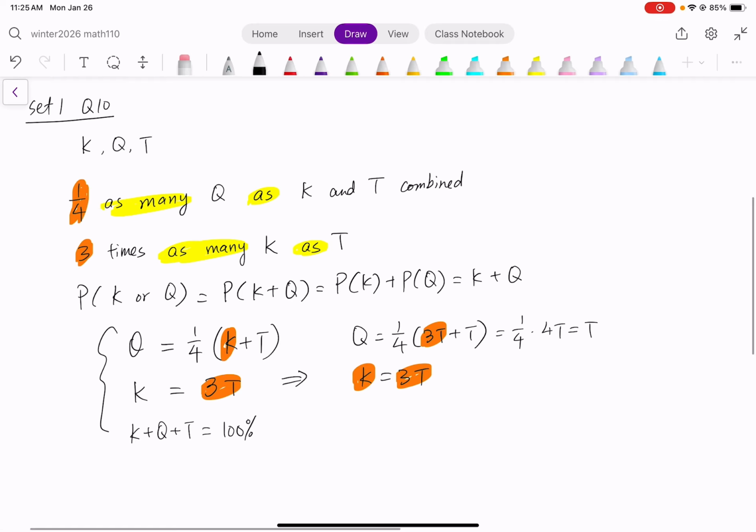Therefore, on the bottom, we'll have king is 3t, queen is t, twin is t, totaling 100%. That gives us 5t equals 100%, which gives us t equals 20%.